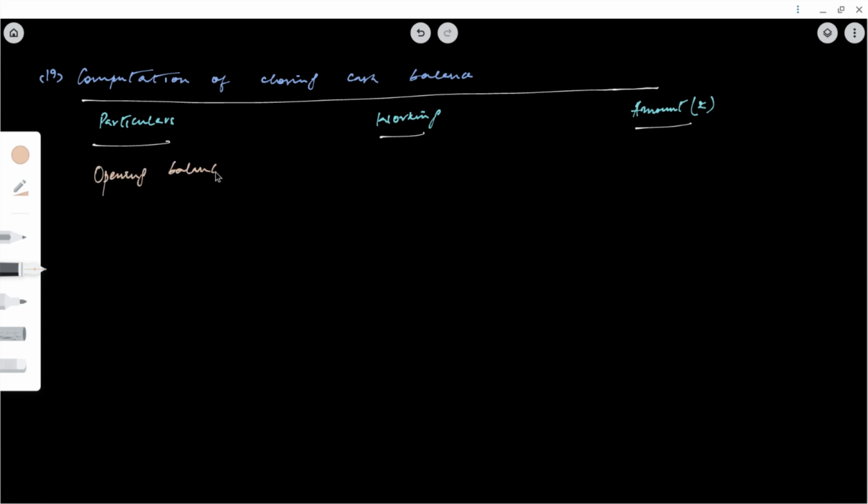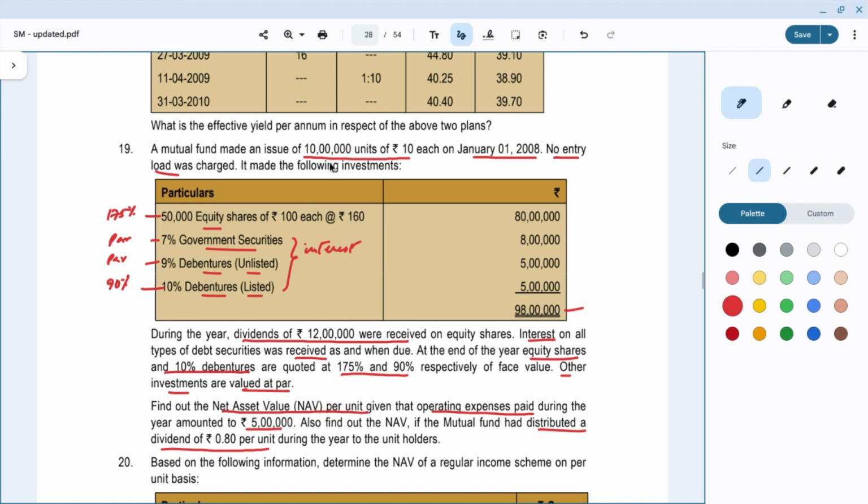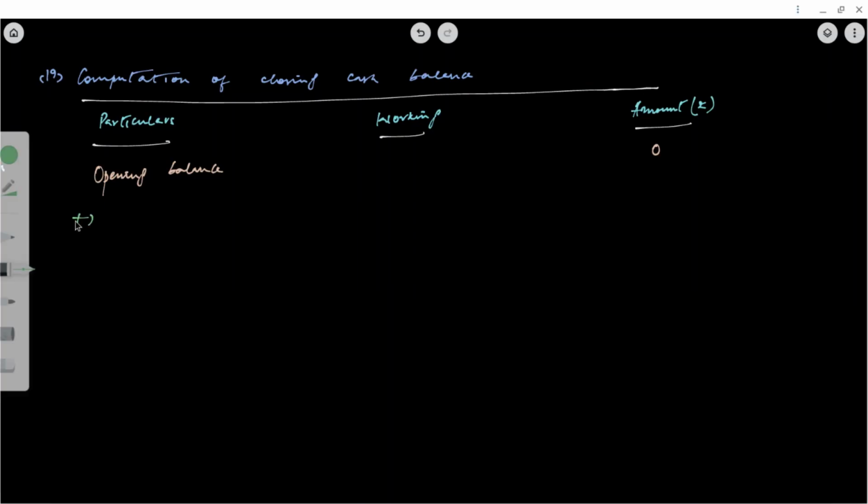Opening balance is 0. Now it says that it made an issue of 10 lakh units of rupees 10 each. That means this is issue proceeds, right? So all the additions we will include here and all the subtractions we will include here. Now first is issue proceeds.